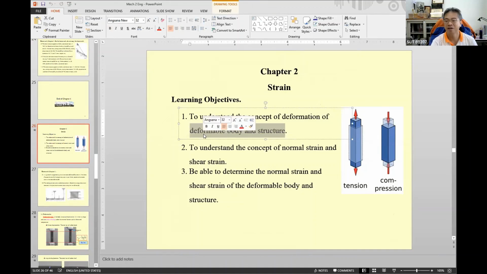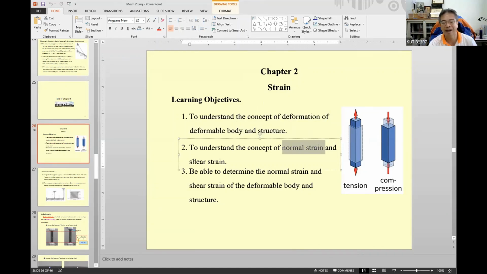You know that steel and aluminum are deformable materials. When a structure is built by deformable material, it is a deformable structure. That is normal strain, and then the shear strain.